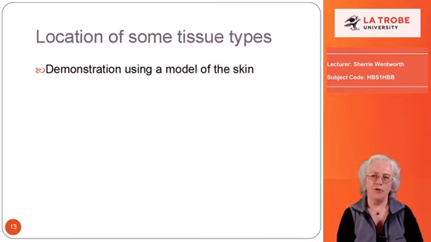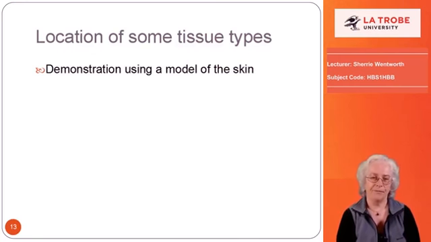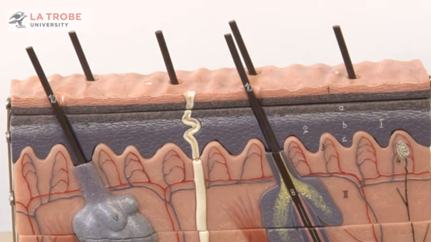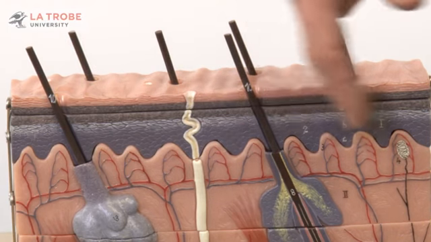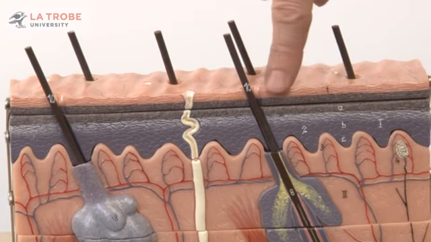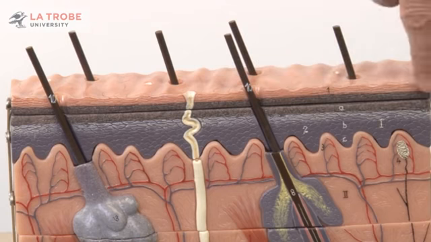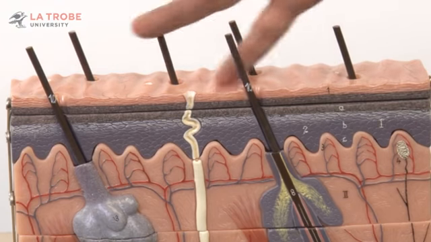Now what I'm going to do is show you this on a model of the skin. I'll also mention some of the tissues we'll be coming back to later. Right, in this model of the skin, the top layer up here is the epidermis. Right up the top here we have that stratified squamous epidermis, so the flat cells making the top layer.